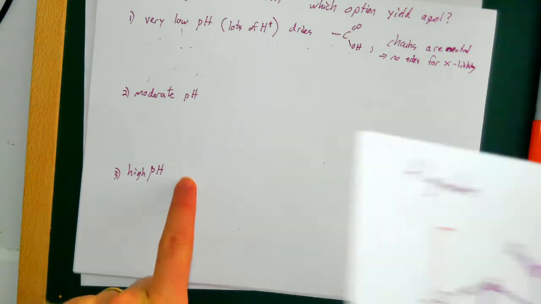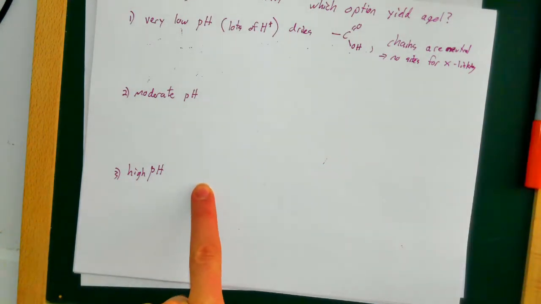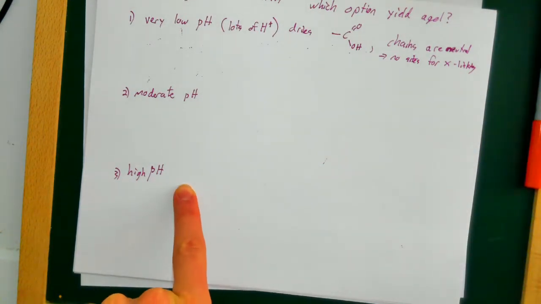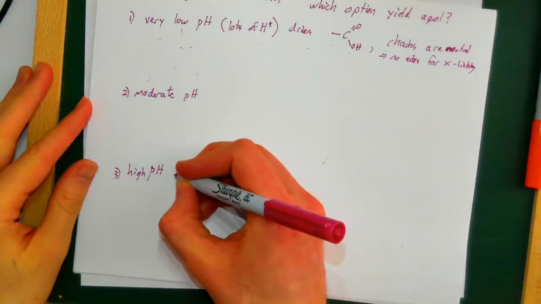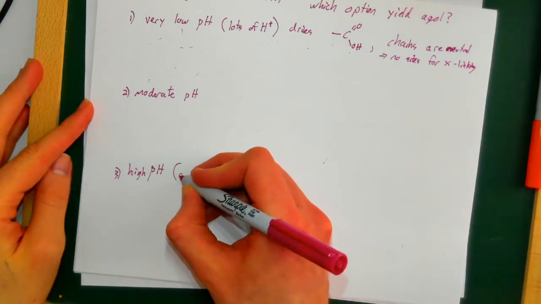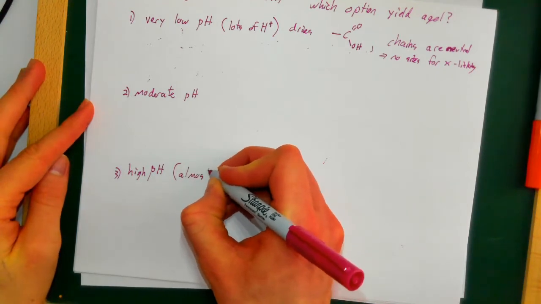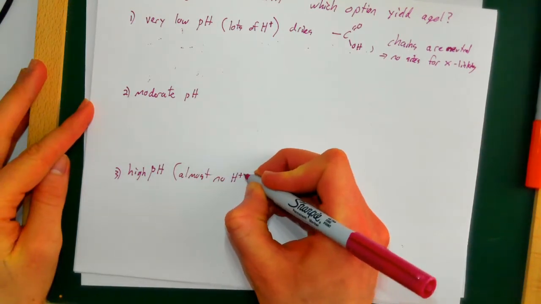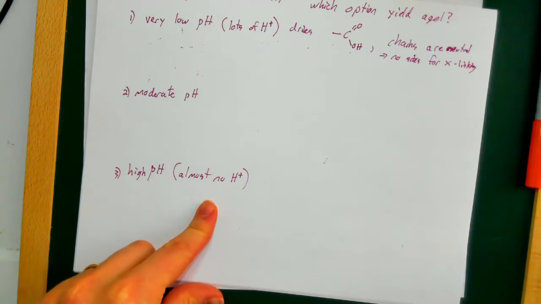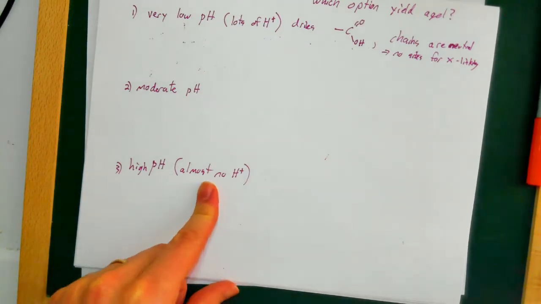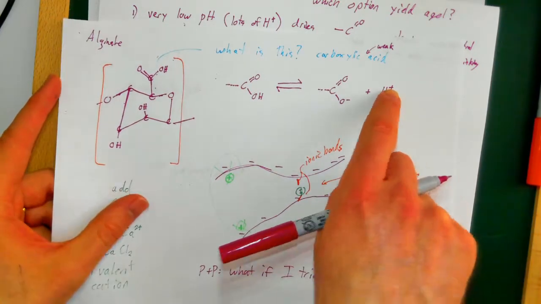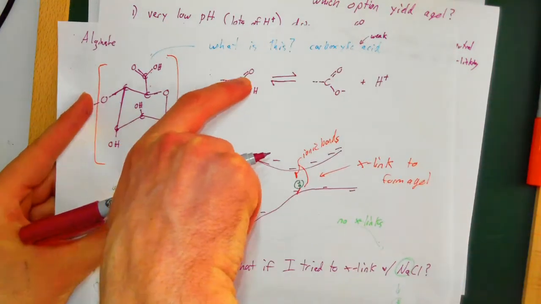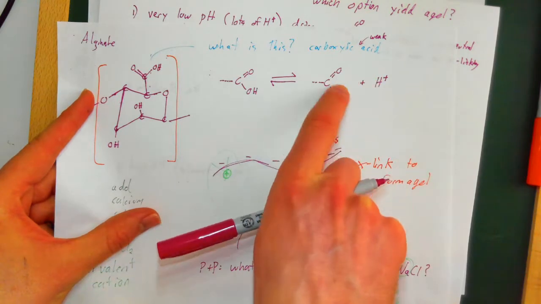Let's now take a moment, pause and ponder. Think of what happens at very high pH. Well, at very high pH, we have almost no H+. That's basically what a very basic solution would be. So almost all of the COOH groups will deprotonate to form COO-.